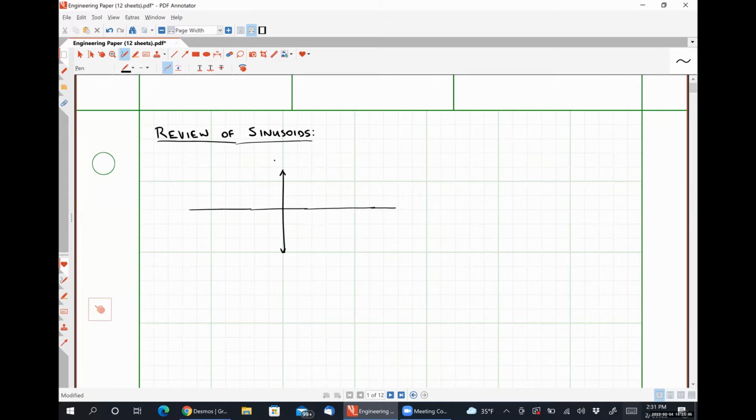Let's call the vertical axis, for the sake of argument, some voltage waveform, and the horizontal axis then represents time as it progresses. So a sinusoidal signal is going to look something like this.